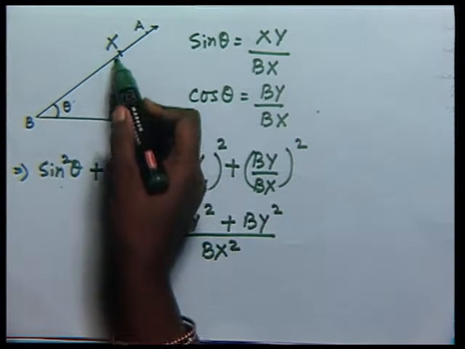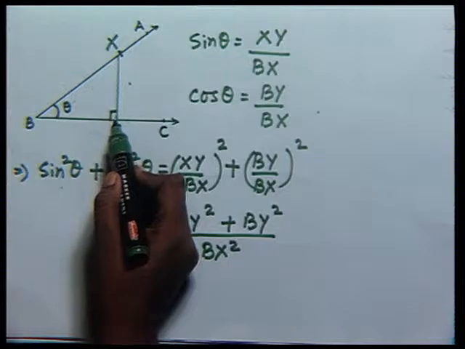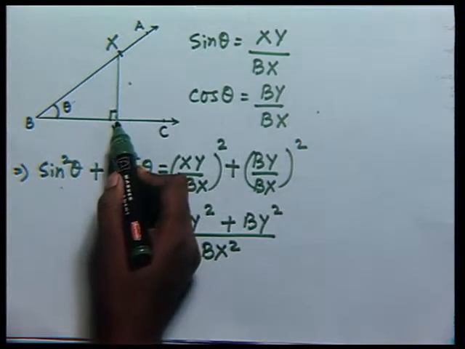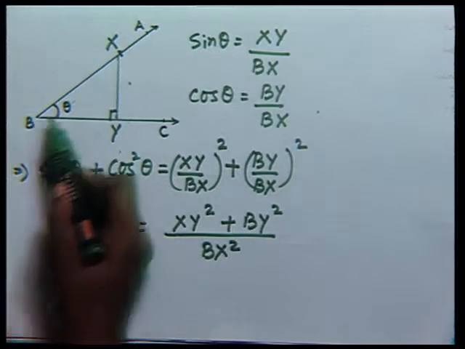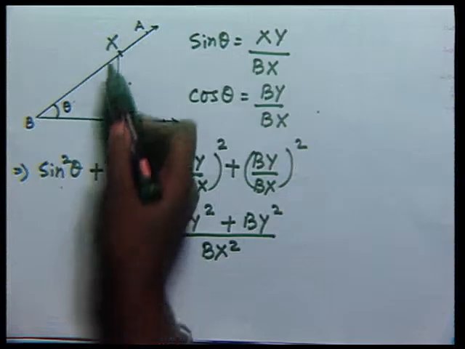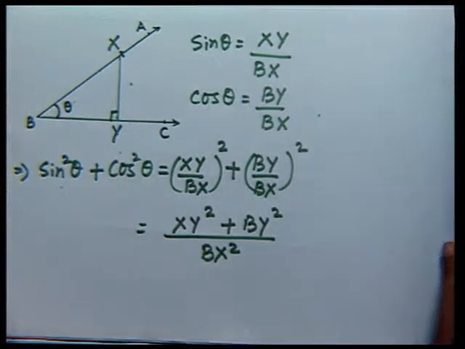But this triangle XBY is a right angle triangle, and therefore, we can apply Pythagoras theorem, which says that XY square plus BY square is equal to BX square.